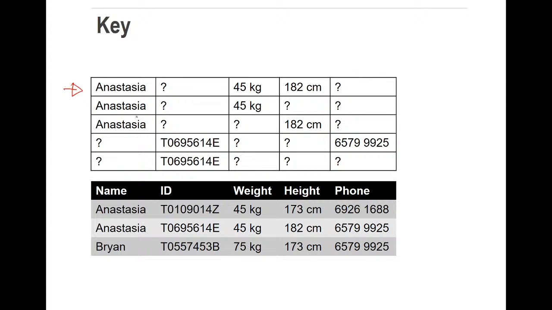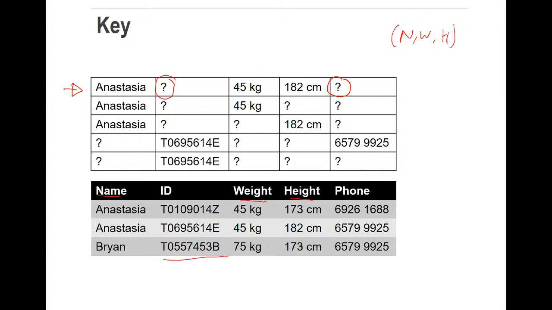Let me show you a kind of possible queries that we can ask on this particular table. On the first one, I want to know, if I'm not giving you the ID and the phone, can I still uniquely identify these two values? For this particular instance, yes. Which means that the name, the weight, and the height are a superkey. So let me use that notation: name, weight, height is a superkey.